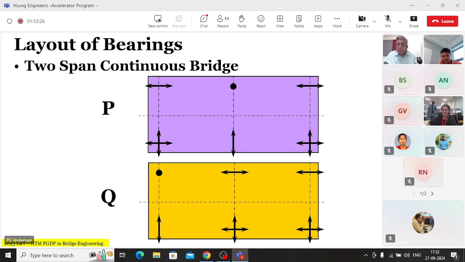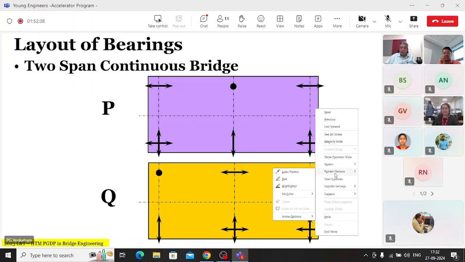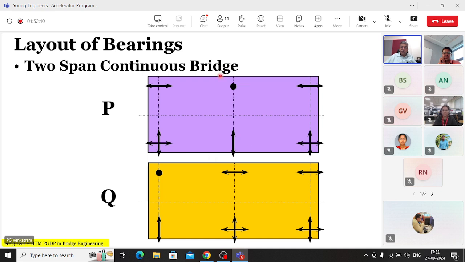Why so? It is at the zero moment point. In a way, yes. That is one advantage in the P. Let me get my pointer out. If it is the so-called restraint pier, the movement here and the movement here will be smaller. In this case, the movement will accumulate to this.